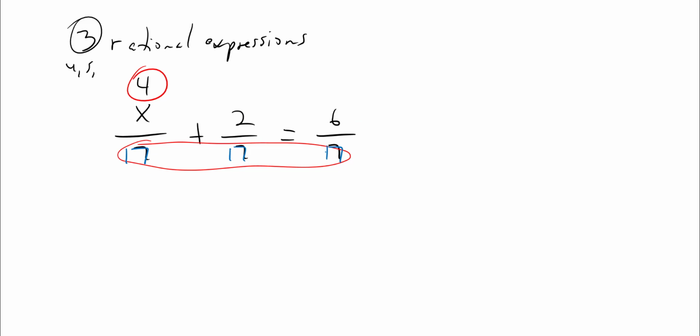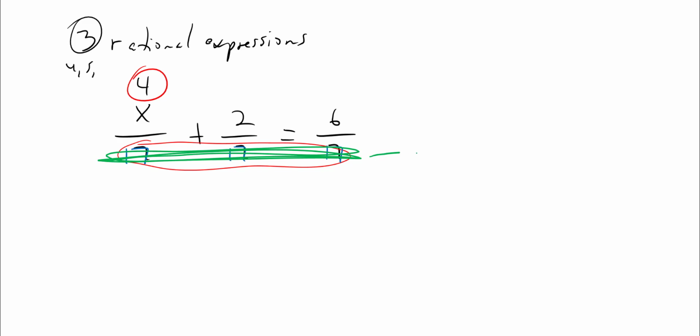Wouldn't you still tell me the answer is 4? Isn't 4 17ths plus 2 17ths 6 17ths? So here's the deal, math fans: this number doesn't matter as long as it's the same. Obviously, if it was x over 15 plus 2 over 16 equals 6 over 20, you couldn't do it.